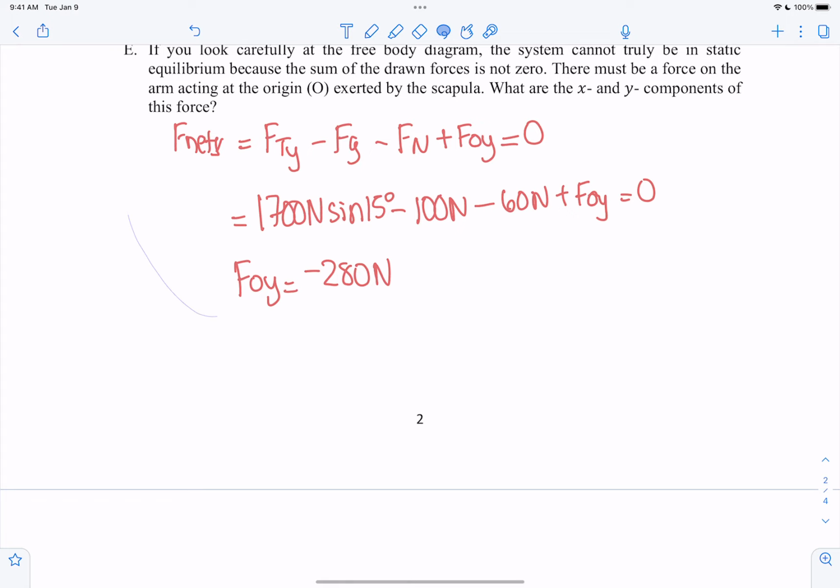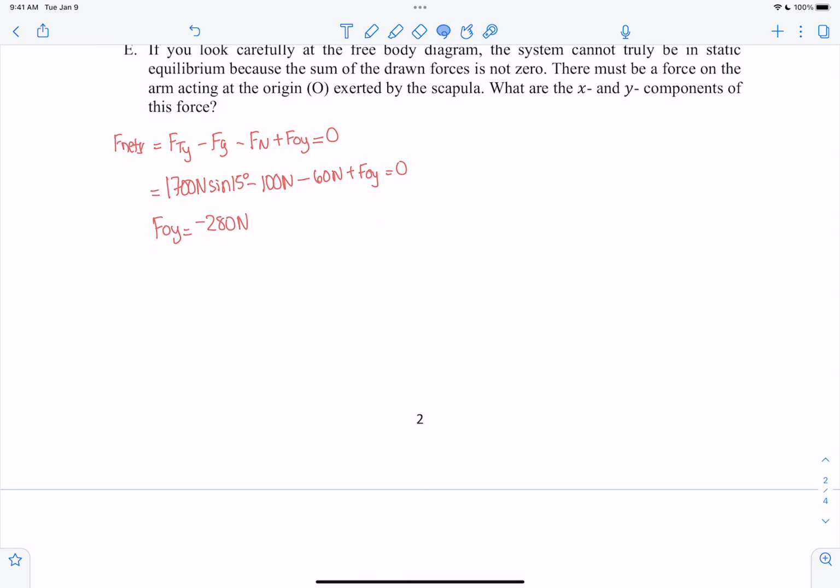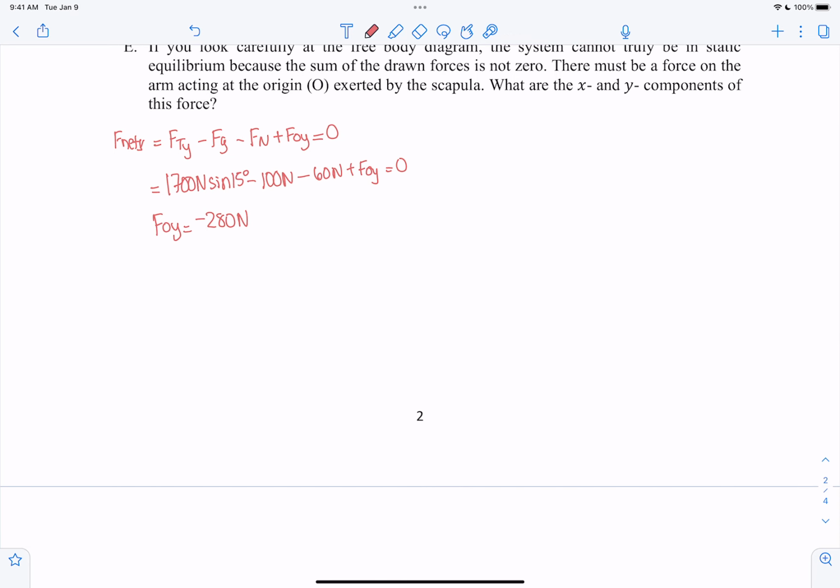Now, this is F net y. Let me make this a little bit smaller. Now I'll leave it up to you guys to figure out F net x. Anybody want to walk me through it? Or anybody have an answer for it already and want to explain?